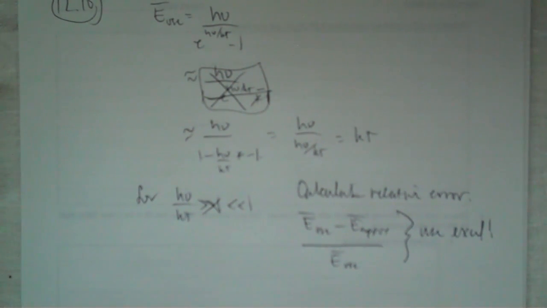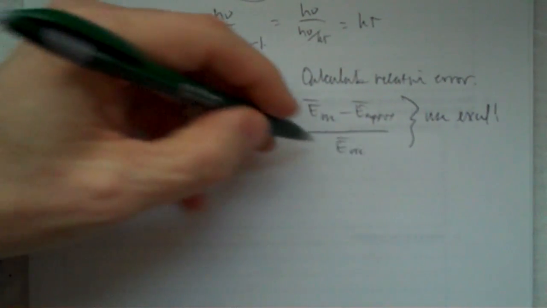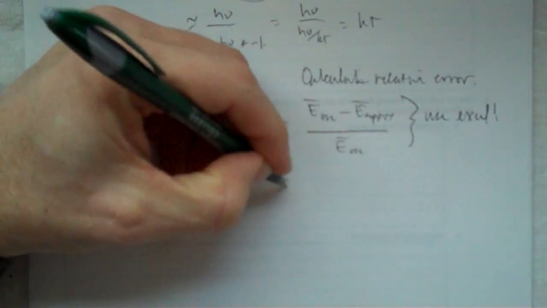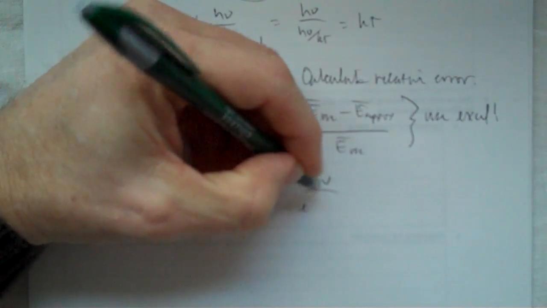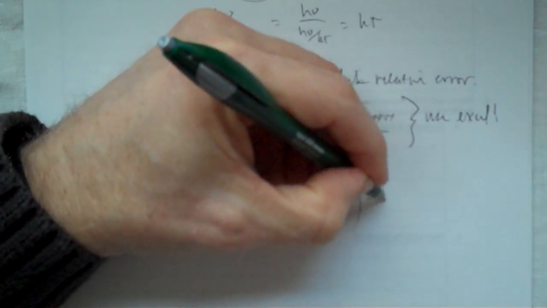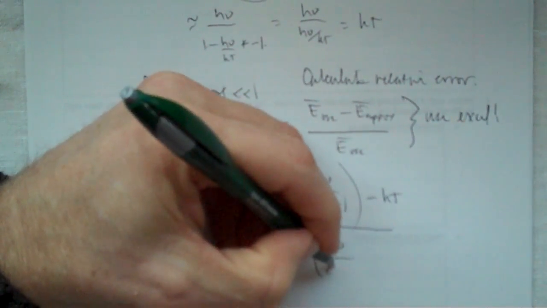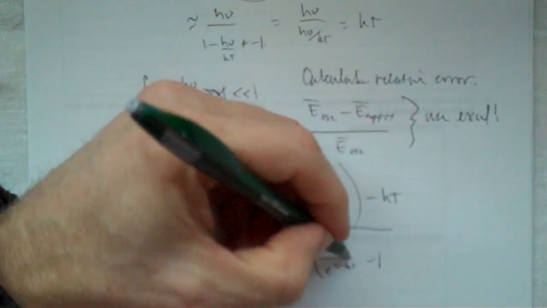So I'm looking at this and going, well, I don't know. I'm going to rewrite this out first of all to decide. So this is the relative error. This is the same thing as h nu over e to the h nu over kT minus 1, minus kT, because that's the approximation, over h nu over e to the h nu over kT minus 1.